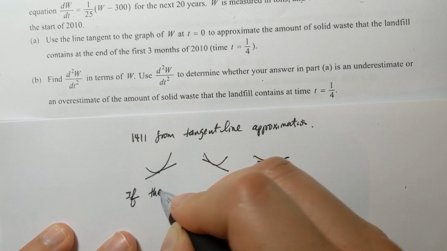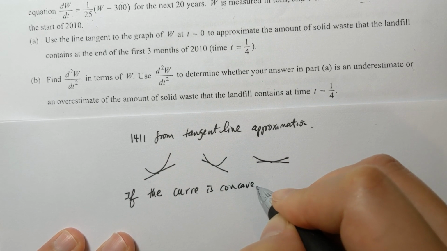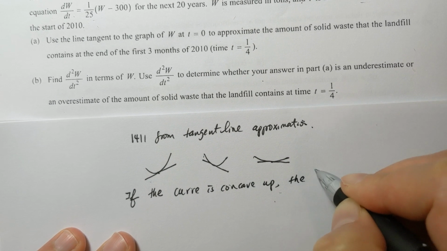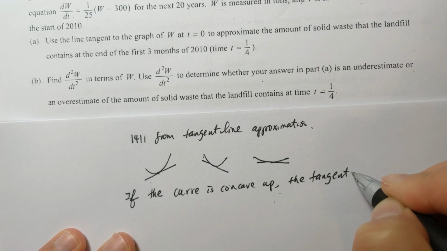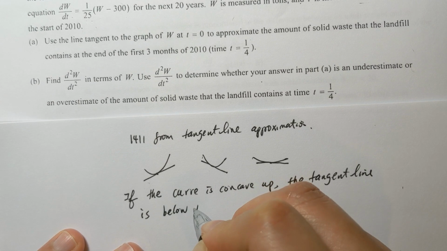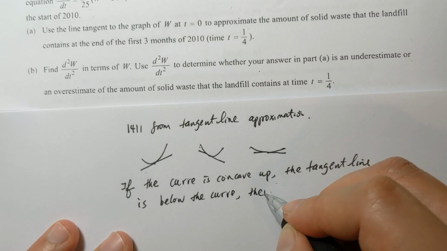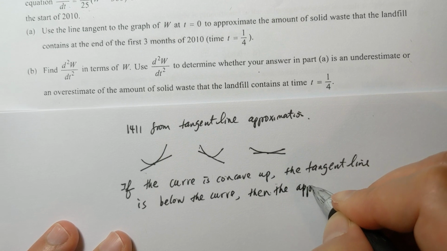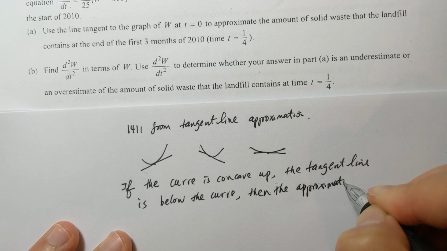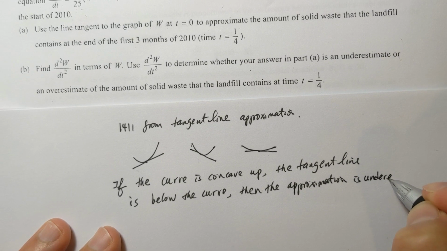If the curve is concave up, the tangent line is below the curve. Then the approximation is an underestimate.